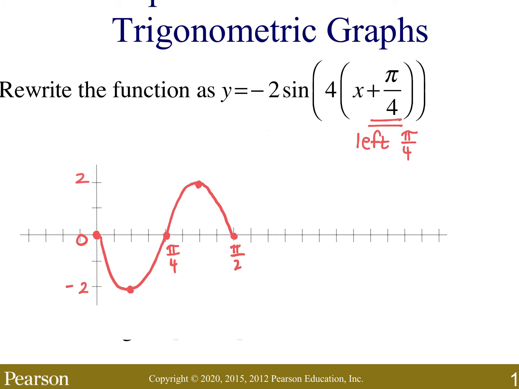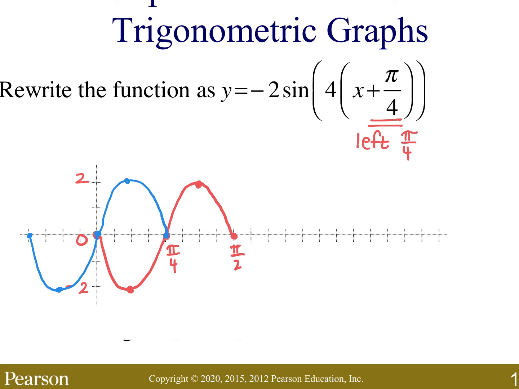I'm going to draw it in a different color right now, but I move it to the left pi/4, which on my scale is worth 4 tick marks. So everything will move over, and my graph will look like this, which looks like a normal sine graph, which is back to going through the origin.